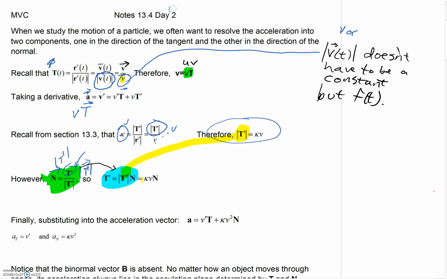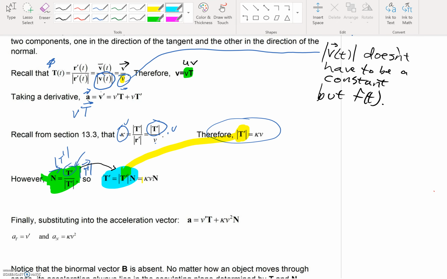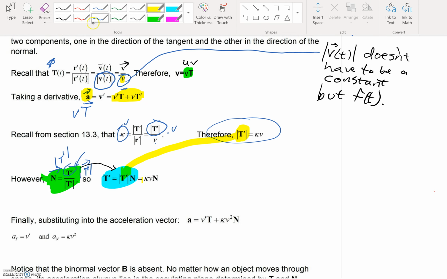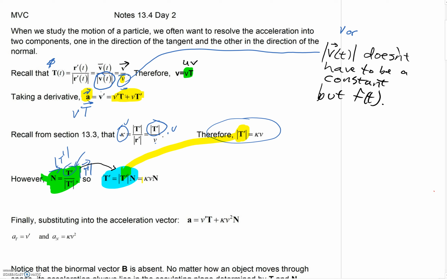We saw that the acceleration vector was v prime T plus v T prime.